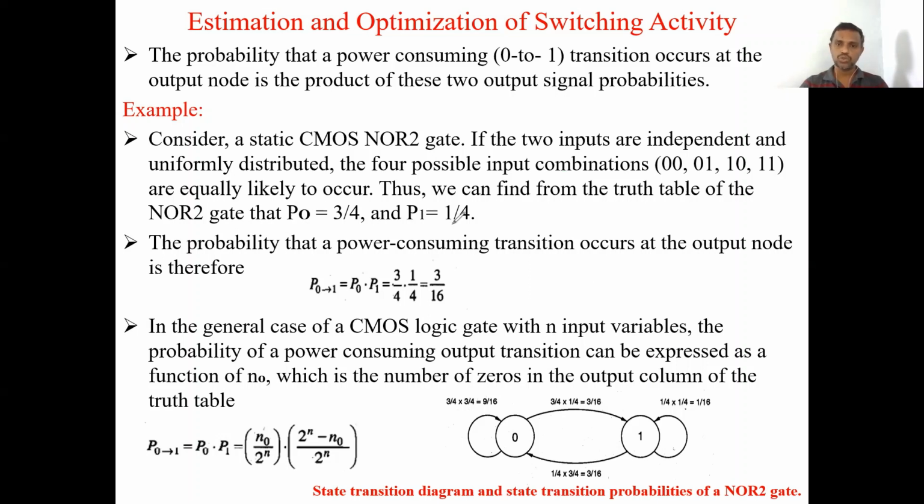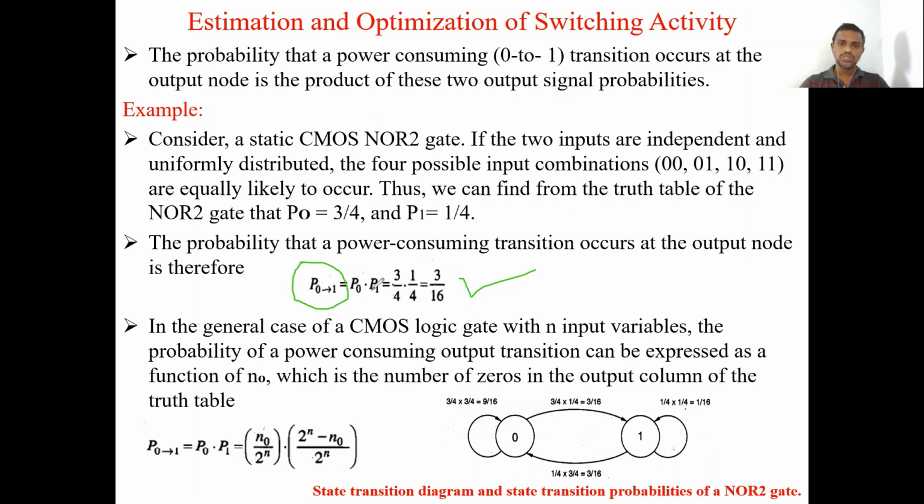Therefore, it is 3 by 4 multiplied by 1 by 4. If you multiply those two, you get the power consuming transition probability. P01 is equal to P0 multiplied by P1. We got P0 as 3 by 4 and P1 as 1 by 4, so the total probability of power consuming transition is 3 by 16.